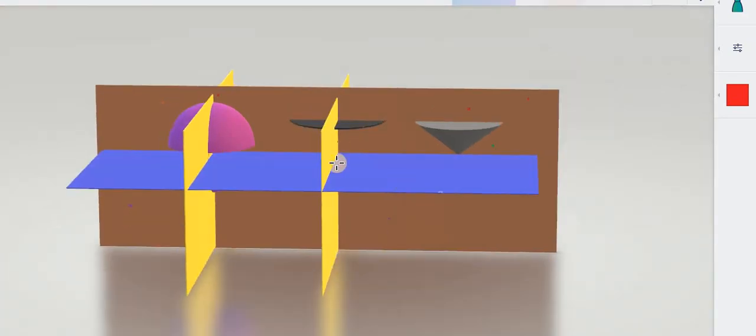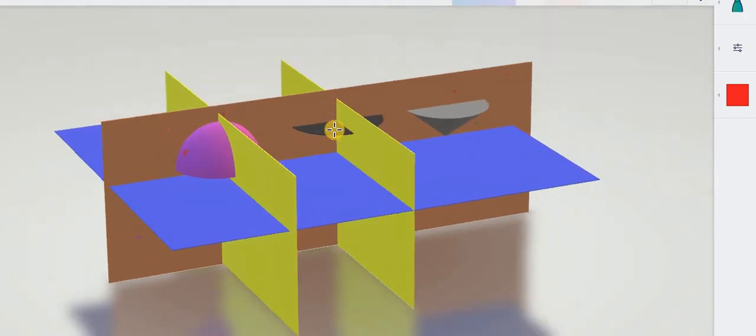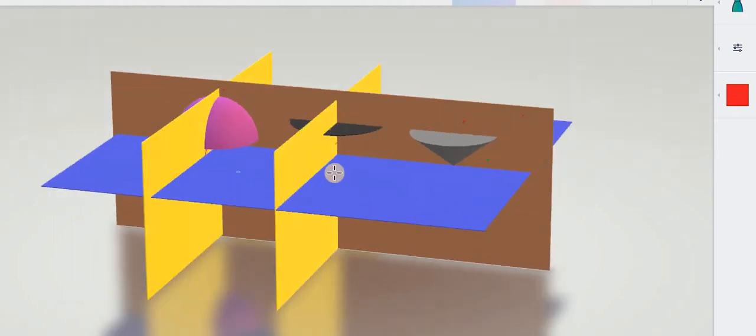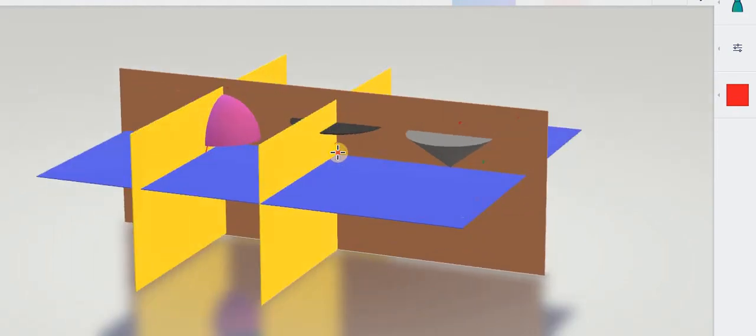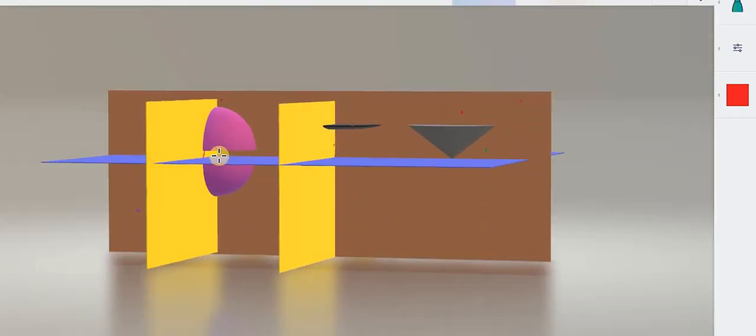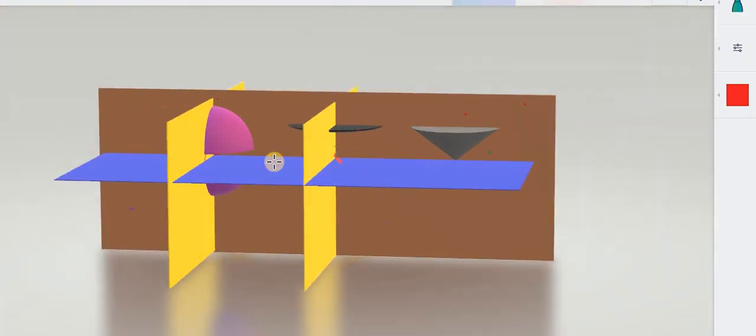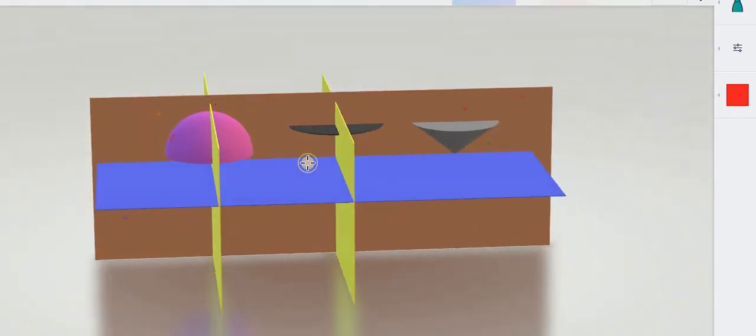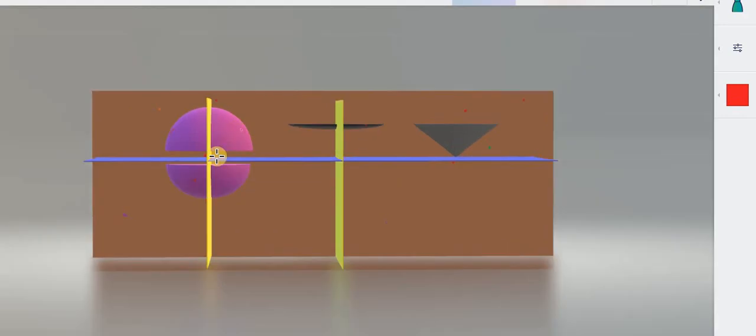Firstly, you have to take the origin point, the point of reference. Suppose this is the origin point. If that is the origin, then what do we have to take?